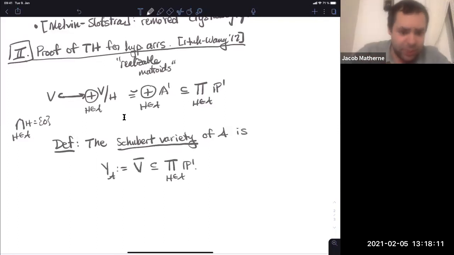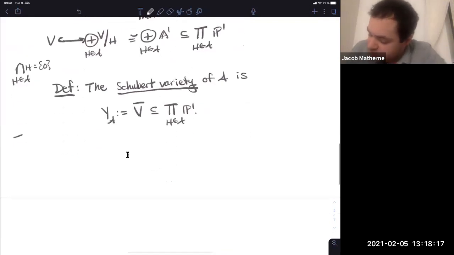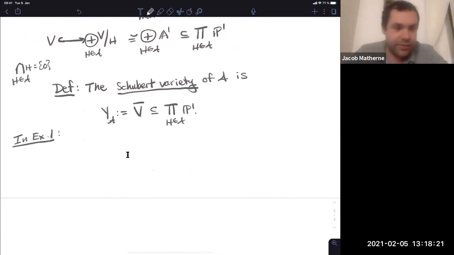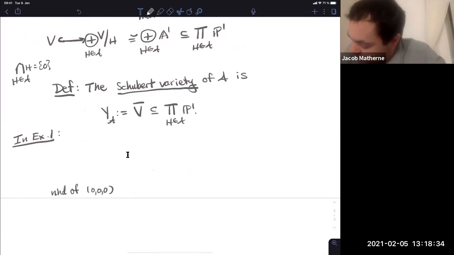Okay, so let me give you some idea about what this looks like. So remember in the first example, we had these 3 lines inside of this 2-dimensional vector space. And this Schubert variety of the hyperplane arrangement, in an affine neighborhood of the origin, it's just going to look like the vector space V that I started with.